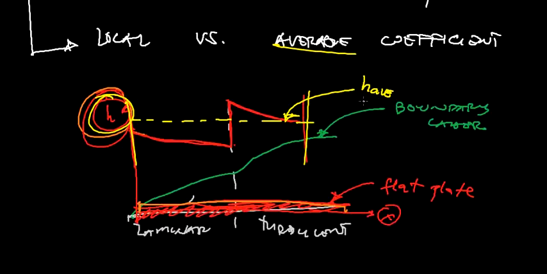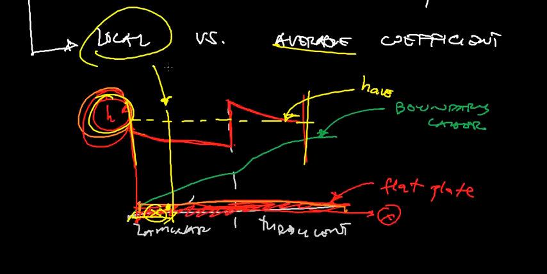So if we are interested only in the heat transfer coefficient value at a point, at this given x, at this given length, then we term it the local heat transfer coefficient.